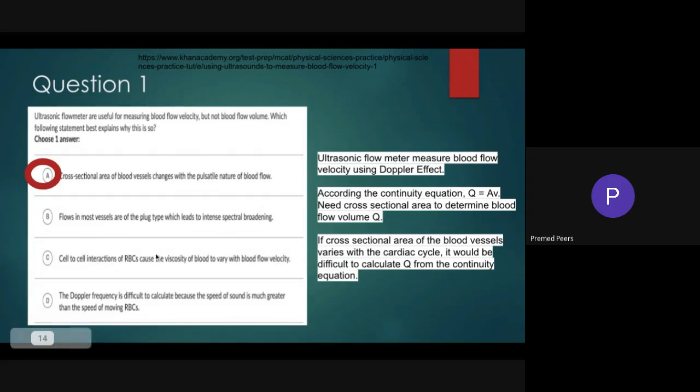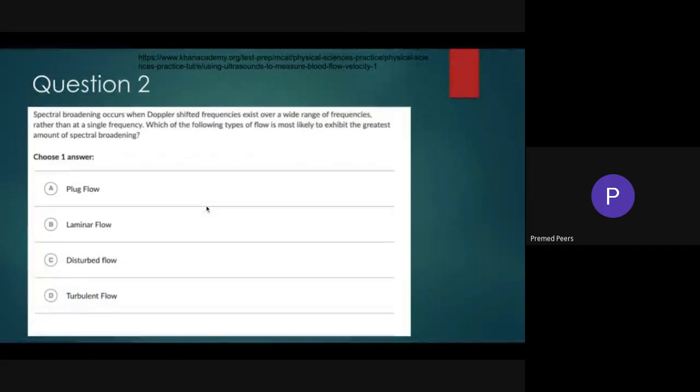And then cell-to-cell interactions, viscosity, does not link velocity to volume either. Viscosity actually directly impacts velocity itself because it's talking about resistance to flow of fluid. And then the speed of sound being greater than the speed of moving RBCs is not relevant to velocity or blood volume. So well done with that.